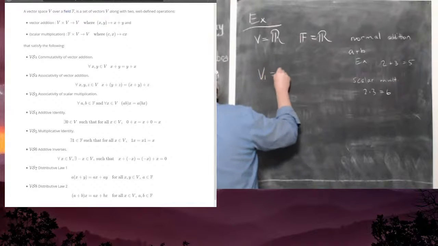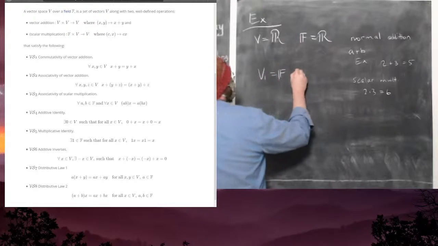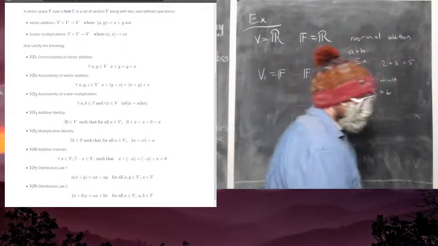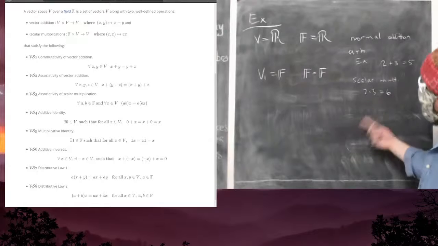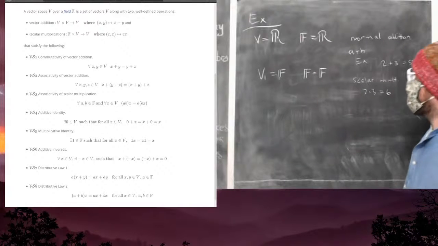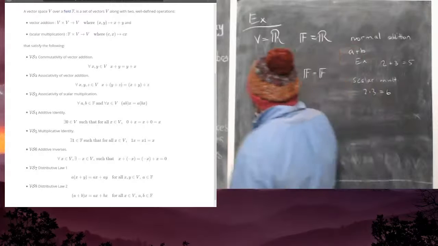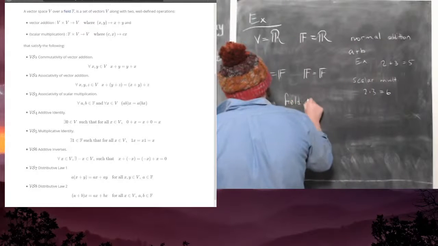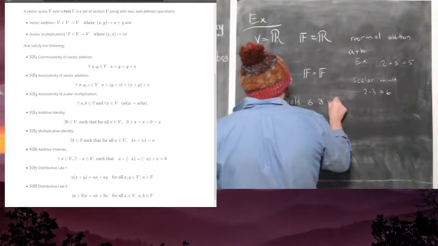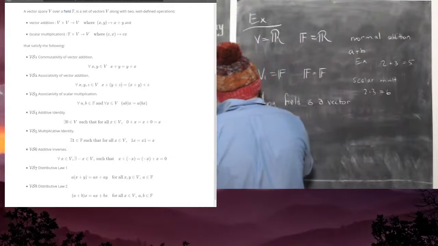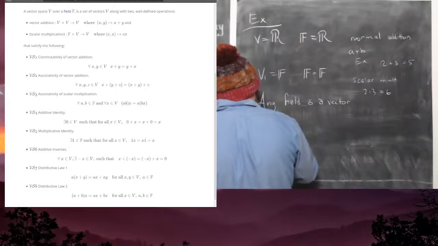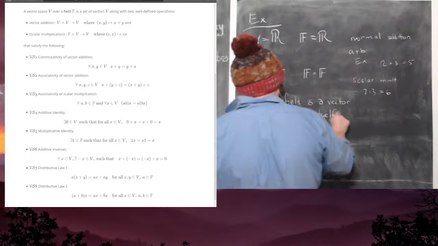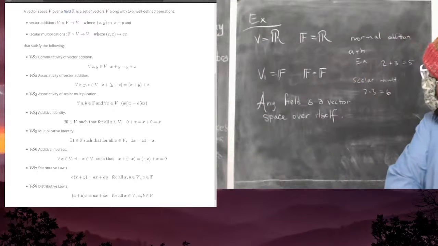Let's say V is your field, and then, as silly as that looks, the field is the field. So any field will be a vector space over itself. Let's write that down. Bam, bam, bam.